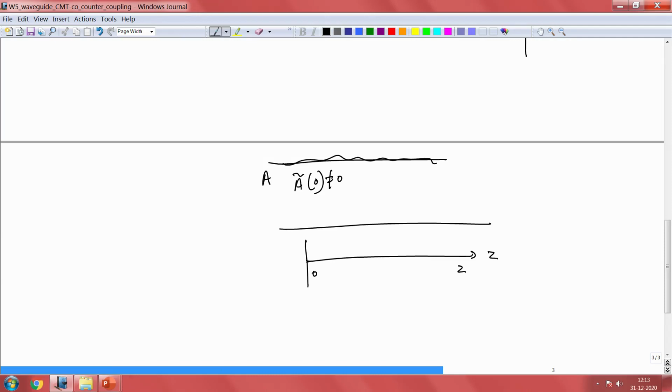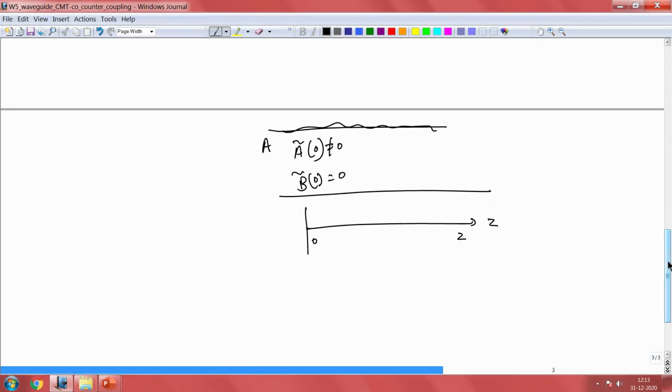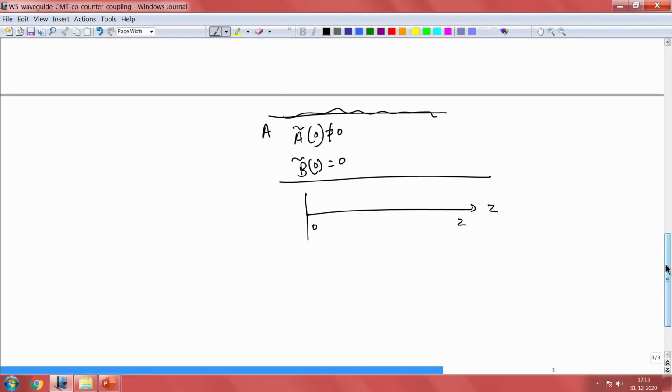You are launching A, but you are not launching B, so B is not present at the start. There is no power in B at all, but it is a possible solution inside the waveguide, but we are only launching A here.